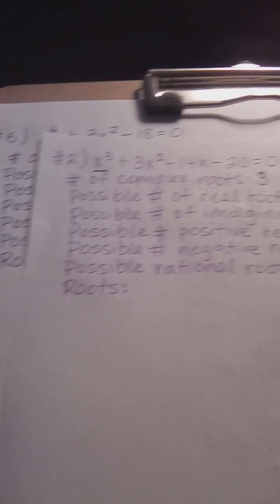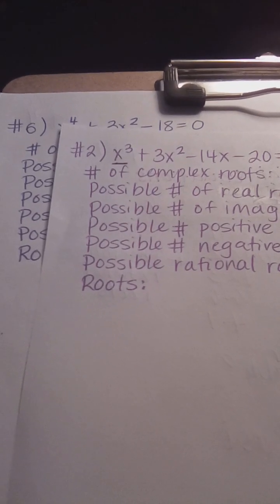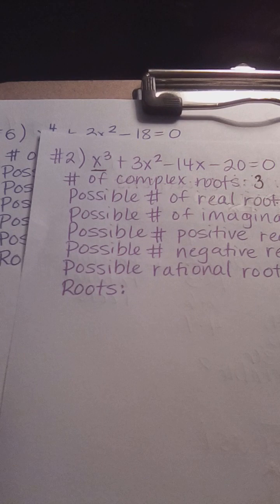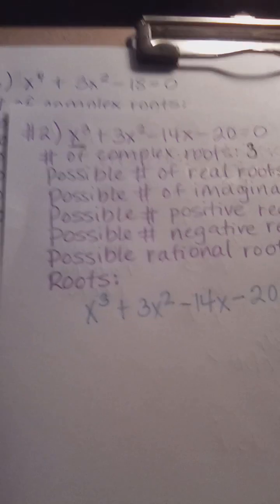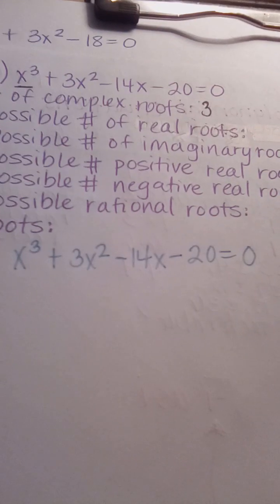All right, so far so good, everyone. Let me move this down just a bit. x cubed plus 3x squared minus 14x minus 20 equals 0. Question: is this equation factorable?